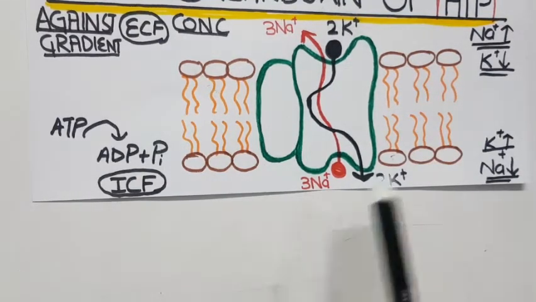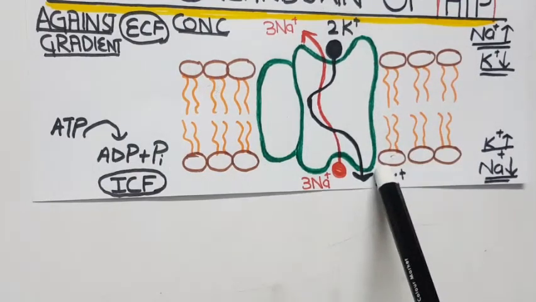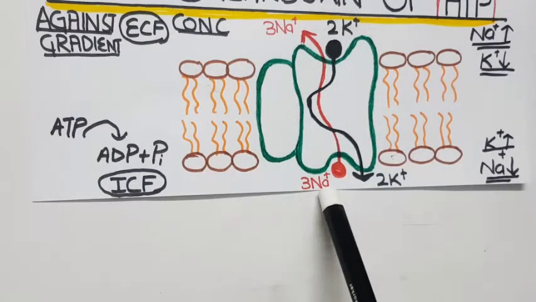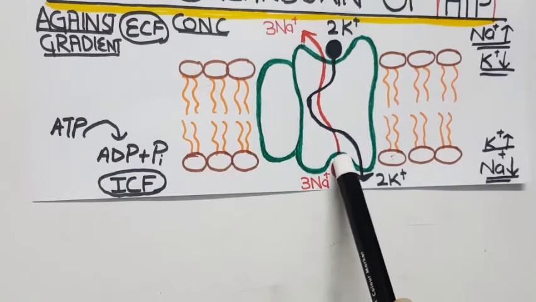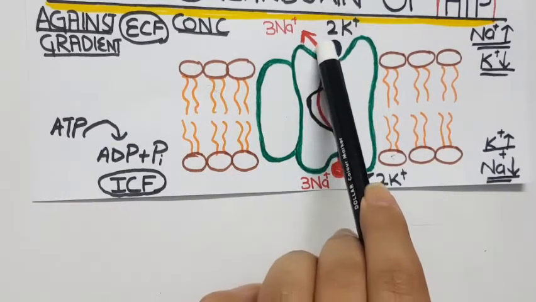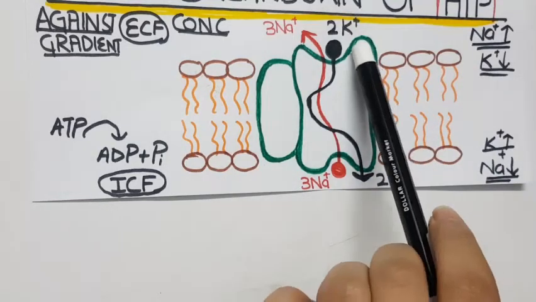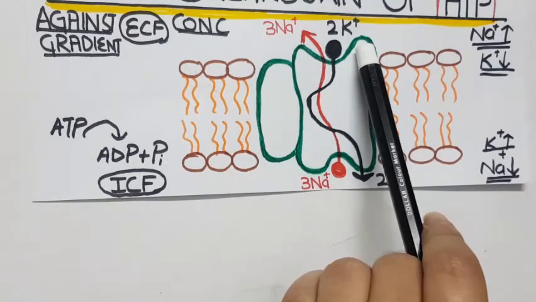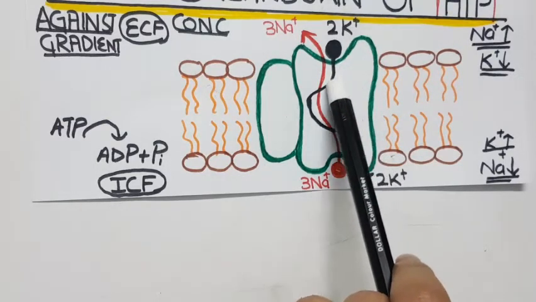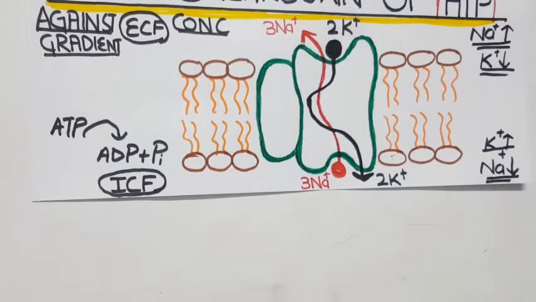We can see that this pump is transporting 3 sodium ions against the concentration gradient from the intracellular side towards the extracellular side, and 2 potassium ions against the concentration gradient from extracellular towards the intracellular side.